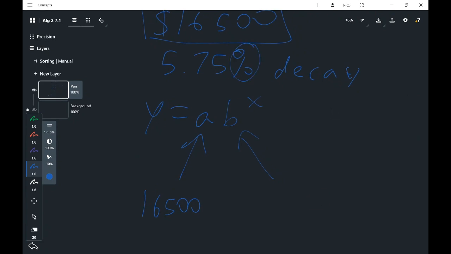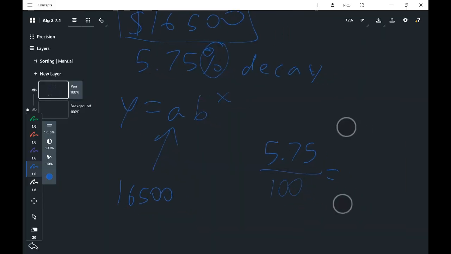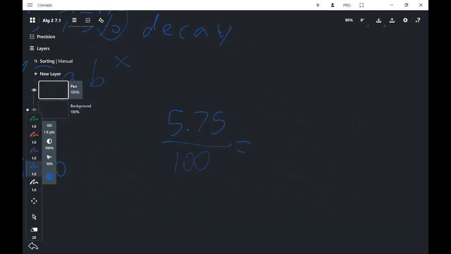First things first, we have to recognize, oh, this is a percent. So when I have a percent, what I'm going to do here is take my 5.75 and divide it by 100. And if we think about divided by 100, remember we're just moving the decimal to the left twice. So that means this is really 0.0575.